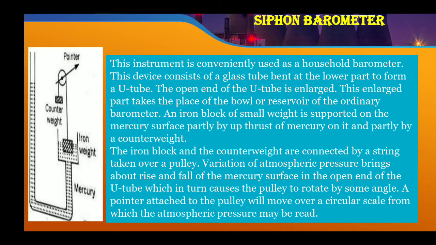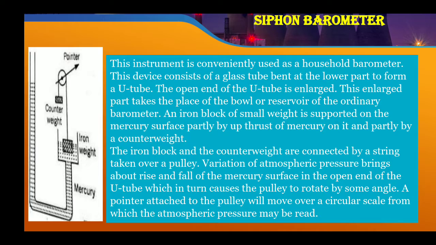Variation of atmospheric pressure brings about rise and fall of the mercury surface in the open end of the U tube. So when the pressure of the atmosphere is increased, the mercury level in the open end of the U tube, that is the bowl, is reduced. The upthrust on the block is reduced and the pointer moves in the clockwise direction.